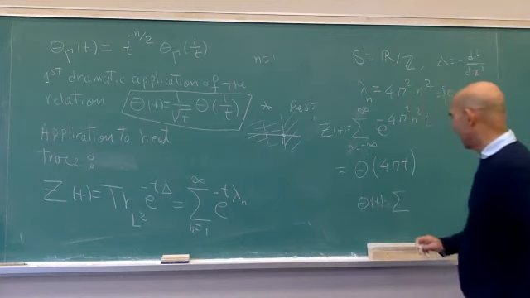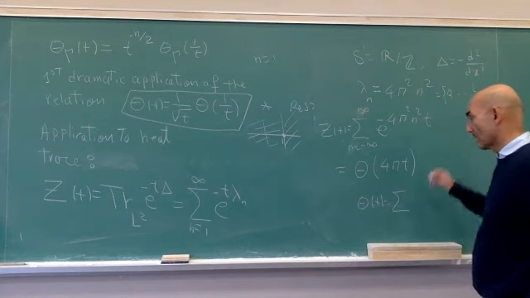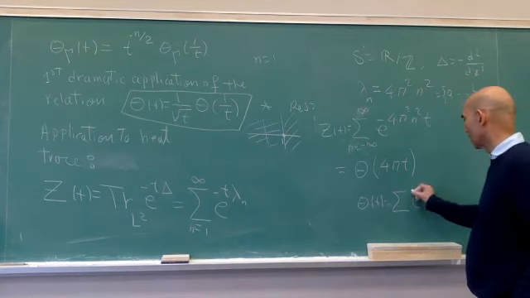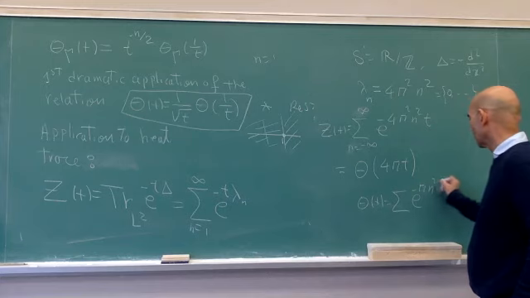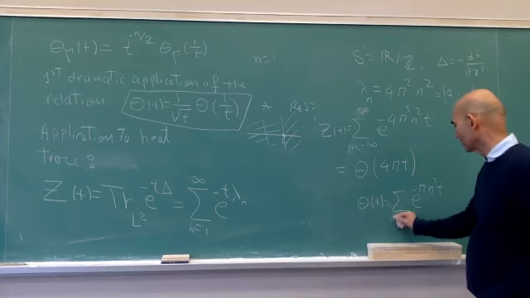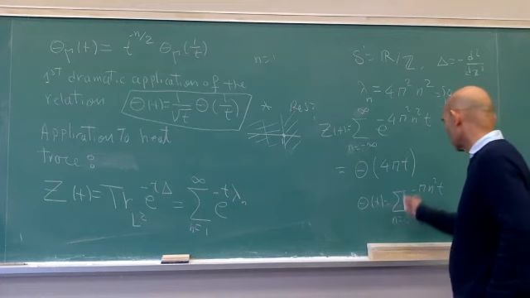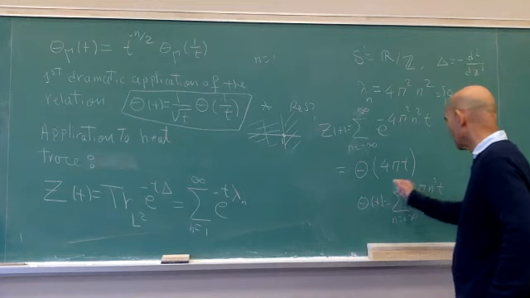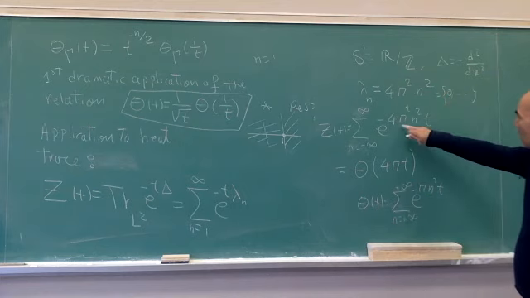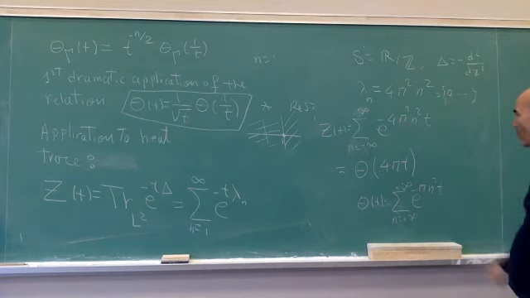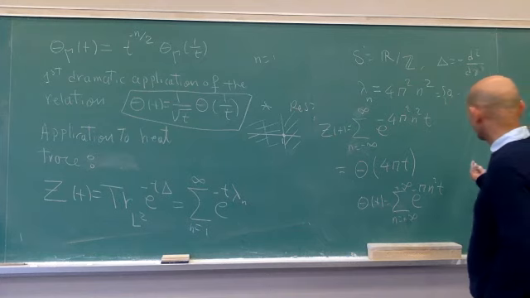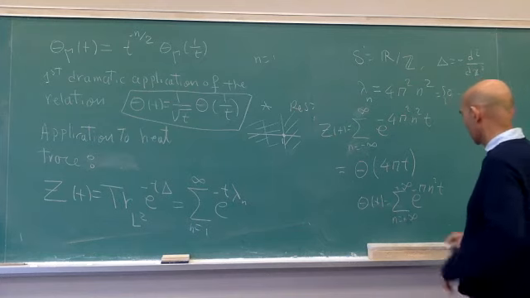It was the sum of exponential of minus pi n squared t, from minus infinity to plus infinity. So this is really 4 pi t. Why 4 pi? No, 4 pi is okay.